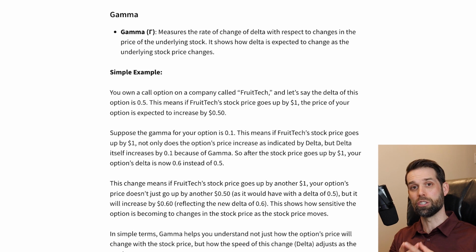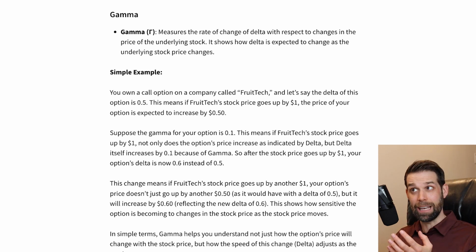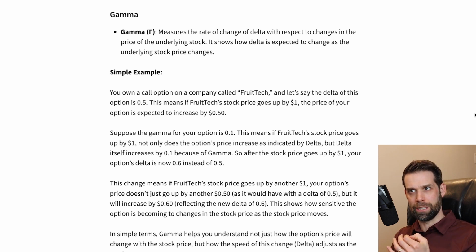Delta was the speedometer showing you the speed of the change in the option price, and gamma is the accelerator. It measures the rate of change of delta with respect to changes in the price of the underlying stock. So it shows how delta is expected to change as the underlying stock price changes.